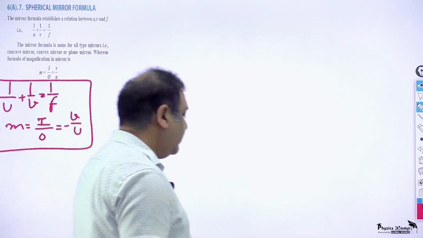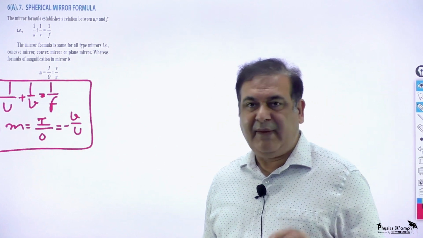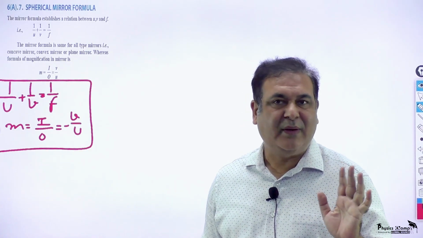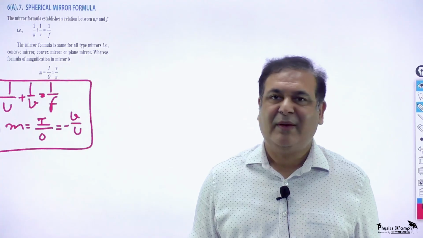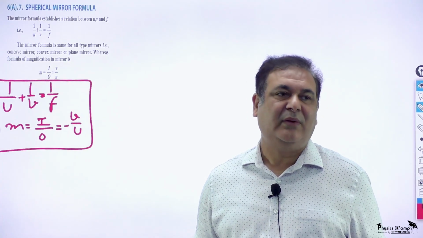So this mirror formula, first I will prove it for concave mirror, then I will prove it for convex mirror, just to have a confirmation that it's the same formula in case of all mirrors for all positions of objects.